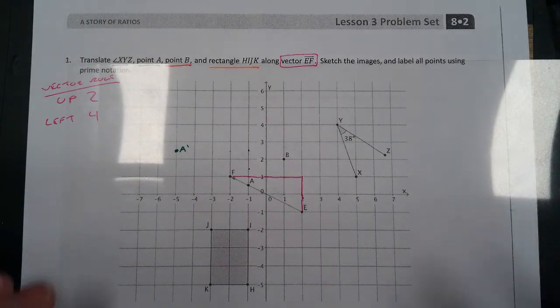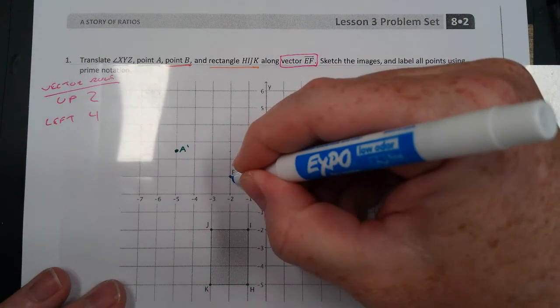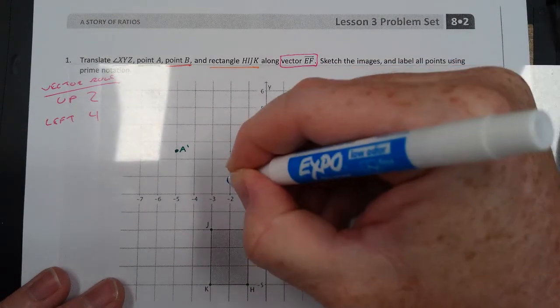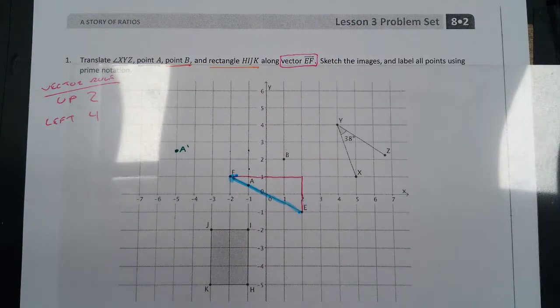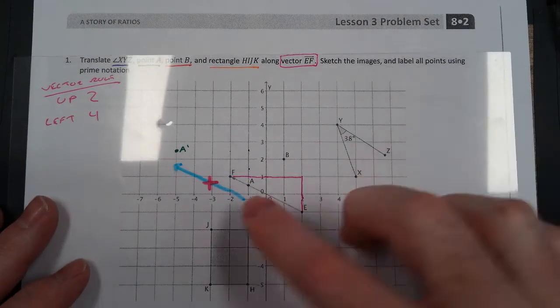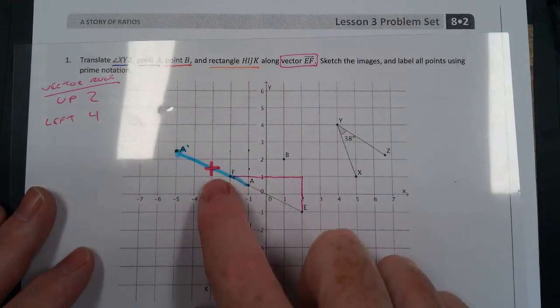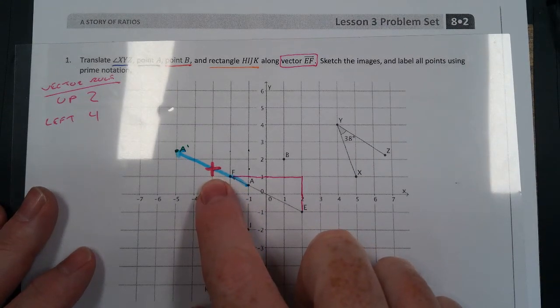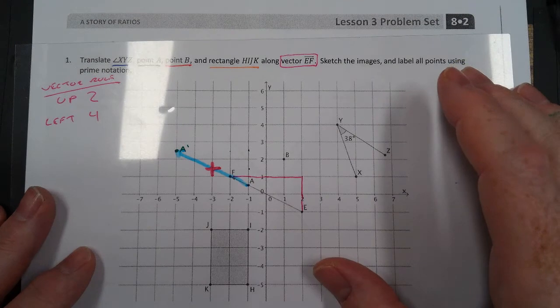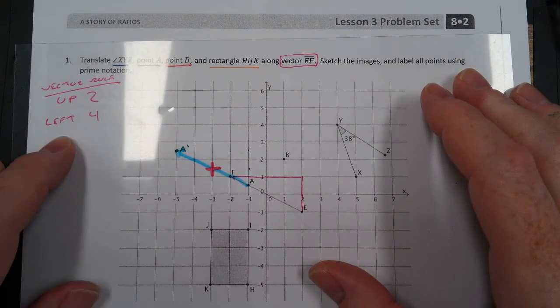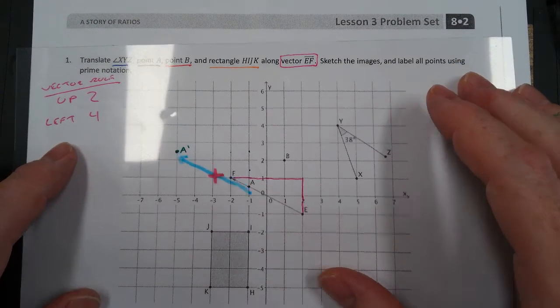Just trace the vector like this. And then what you should also do is put where the origin is. So put a little X right there so you know it stays straight. Then find A and make sure that it moves, like right there. So you can use your transparency if you want, or you could just use the vector rule, up 2 and left 4.